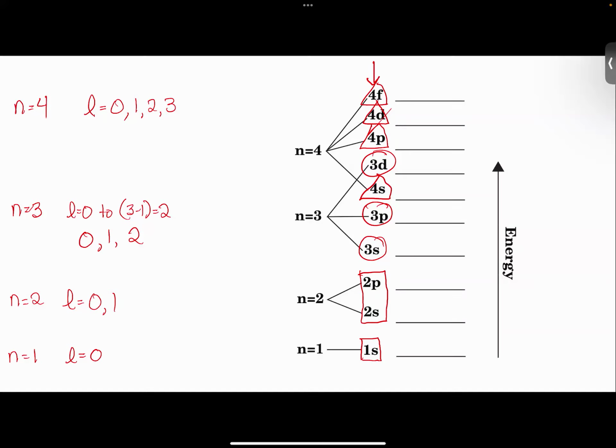What we're going to see when we get into multi-electron systems is that the reason this is so useful is because we will start to fill it in this particular order. But whether it's a one electron system or a multi-electron system, if you excite an electron, it just has to be in one of the subshells in a higher shell.